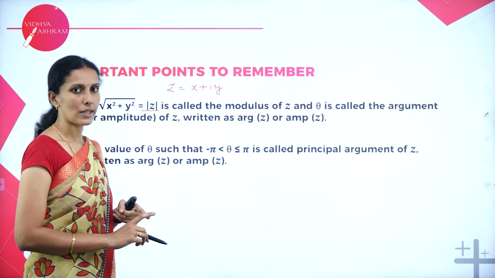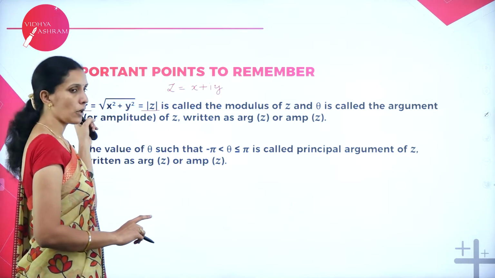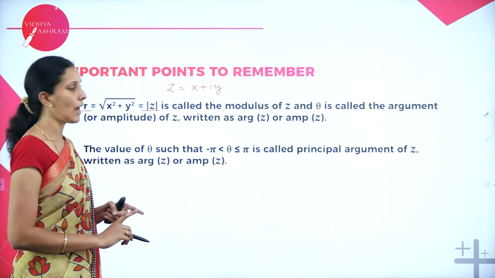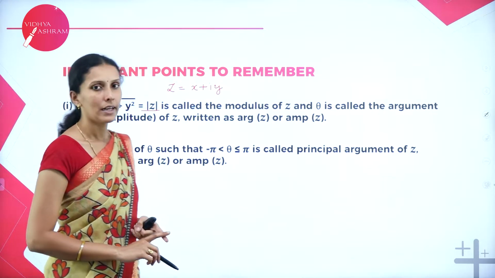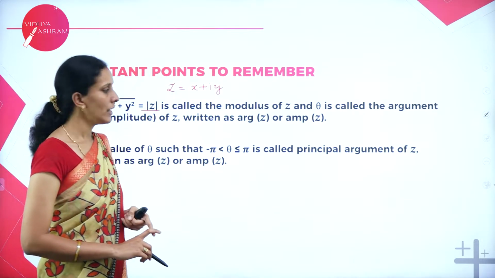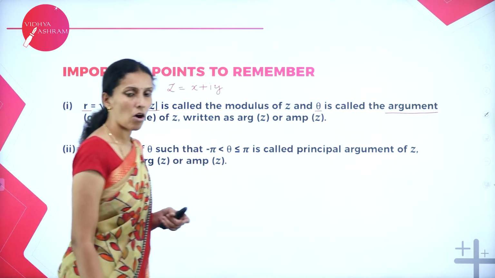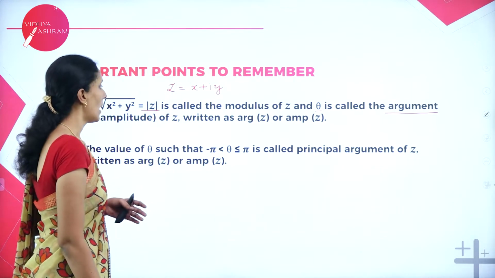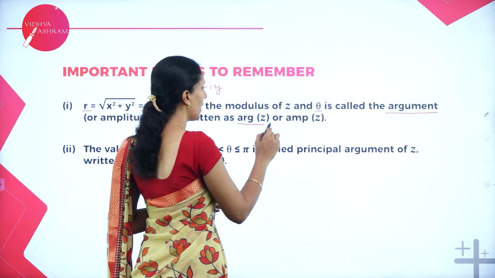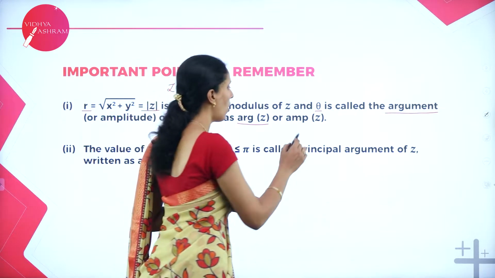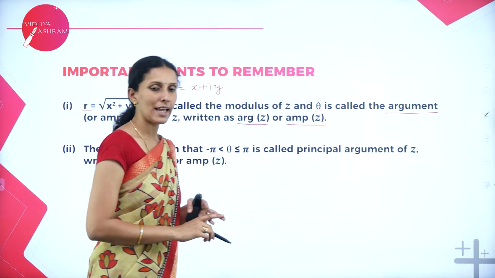The modulus of z in terms of polar coordinates is nothing but r. And theta is called the argument of z or amplitude of z, and it is usually denoted by arg of z or amp of z.